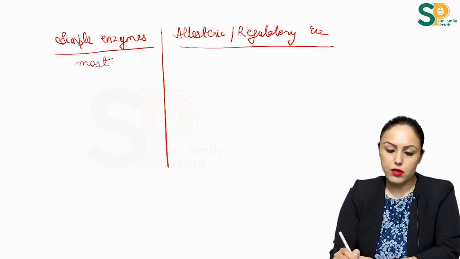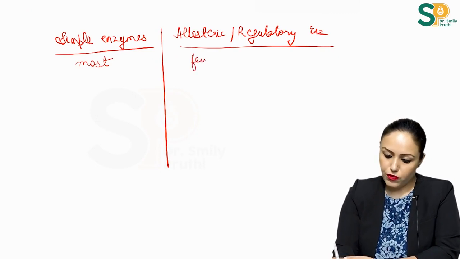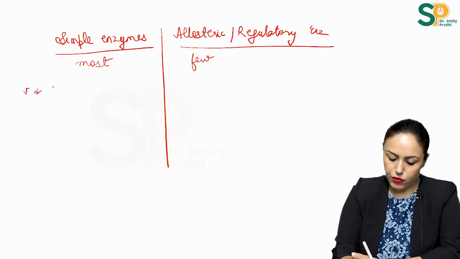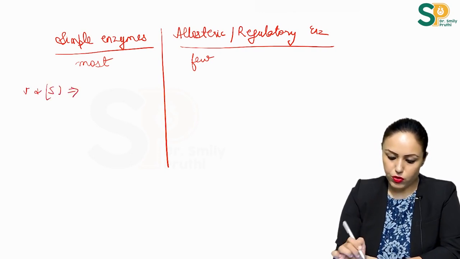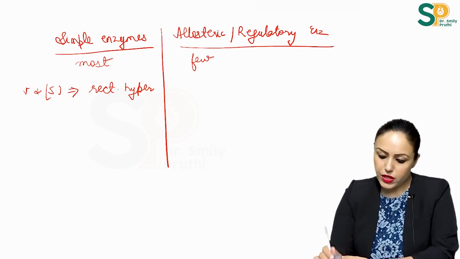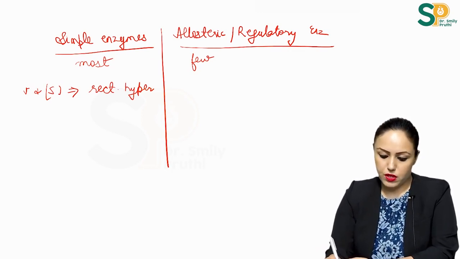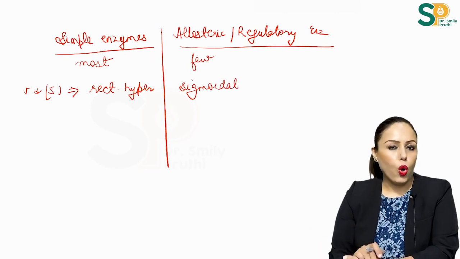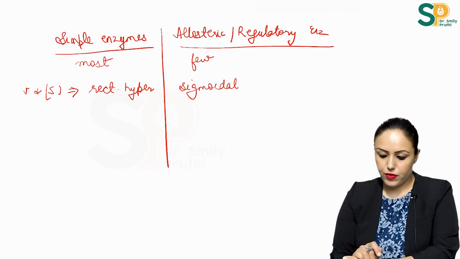Most of the enzymes are simple enzymes. Few are allosteric enzymes. The graph between velocity and substrate concentration in the case of simple enzymes is a rectangular hyperbola graph. But the graph between velocity and substrate concentration for allosteric enzymes is a sigmoidal or S-shaped graph.